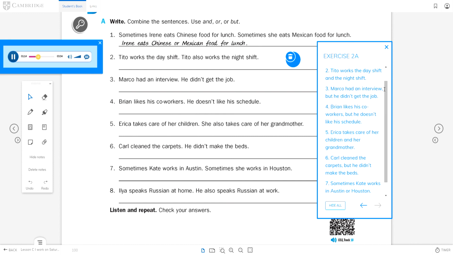Marco had an interview, but he didn't get the job. 4. Brian likes his coworkers. He doesn't like his schedule. Brian likes his coworkers, but he doesn't like his schedule.